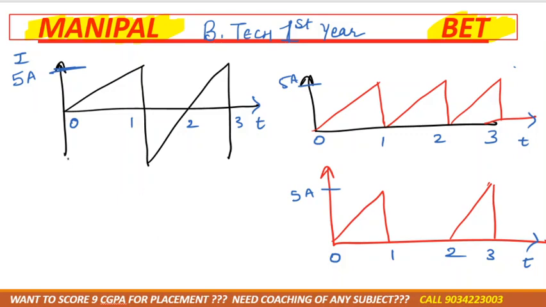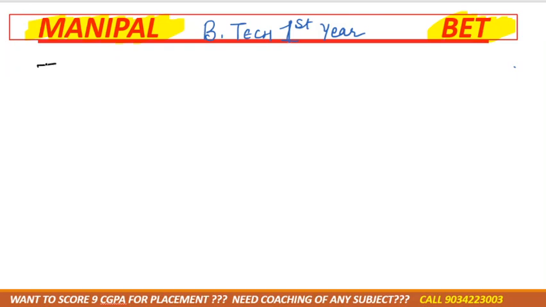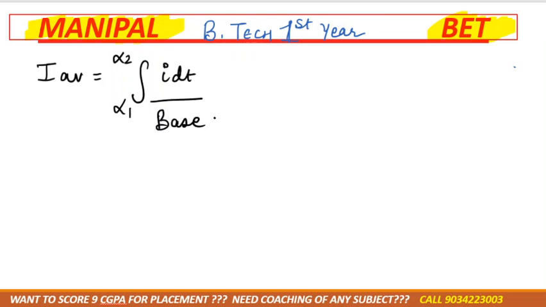Okay, in these kinds of questions, they ask the average value, and they can ask you the RMS value. What is the I average? I average is the limit from alpha to the integral of i(t) divided by the base.